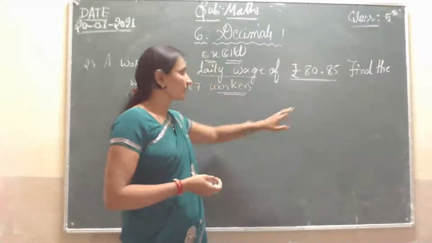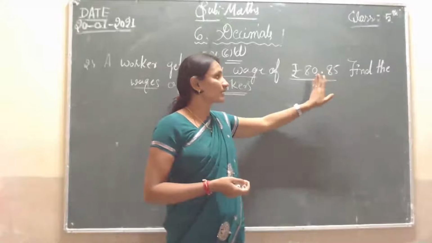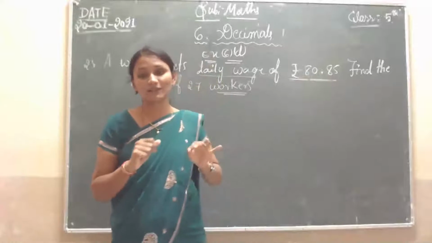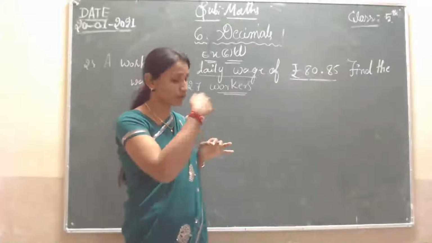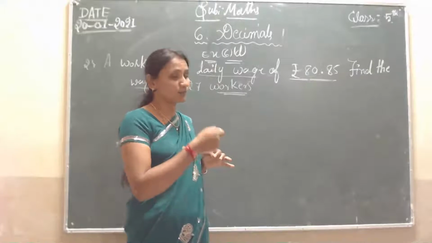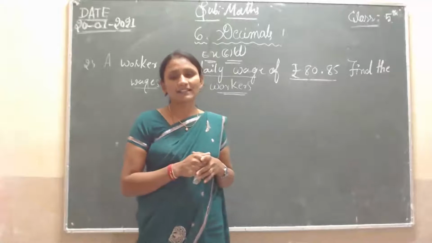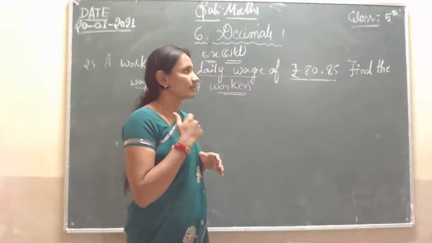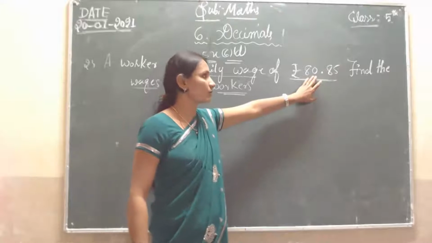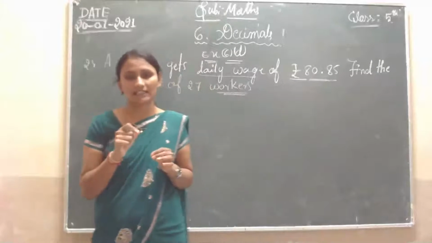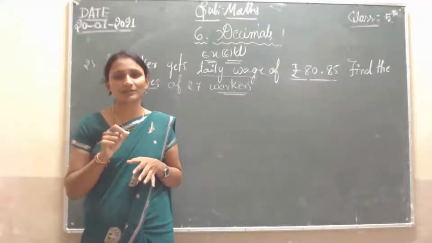Students, in decimals, the digits after the point have a smaller value and the digits before the point have a larger value. So this is 80 rupees, and the part after the point is 85 paise. It is not 1 rupee, just 85 paise.